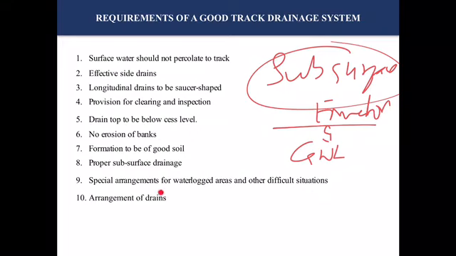So special care has to be taken with respect to providing the drainage system. And the arrangement of drains: the drains or drain pipes should be kept at closer spacing to keep the water table well below the formation and to prevent the capillary rise of water. So these are some of the requirements that need to be fulfilled for a good drainage.